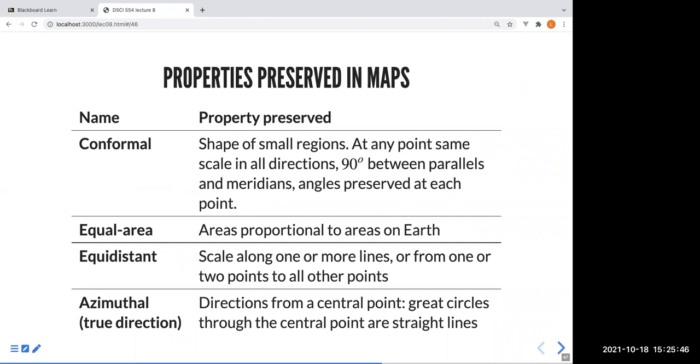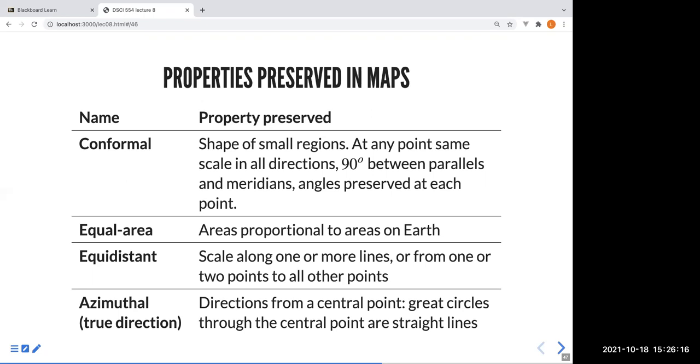So the projections that you can use to accomplish this are going to work in such a way that they need to make some type of compromise between the distortions that are going to be applied to the surfaces, to the areas, sorry.